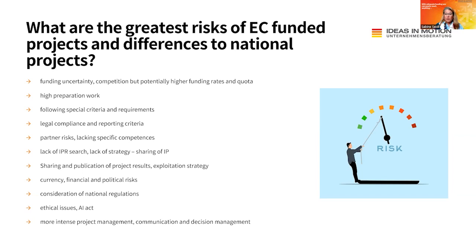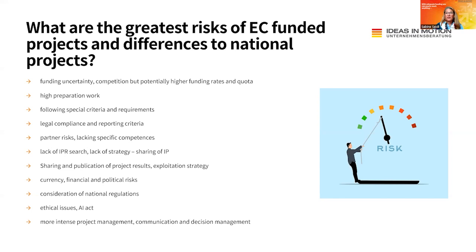Then it's much more preparation work. It follows special and more detailed criteria and requirements. You should really look at the context and the purpose of the funding, and legal compliances and also reporting criteria. There's a little bit of difference compared to national funding schemes.